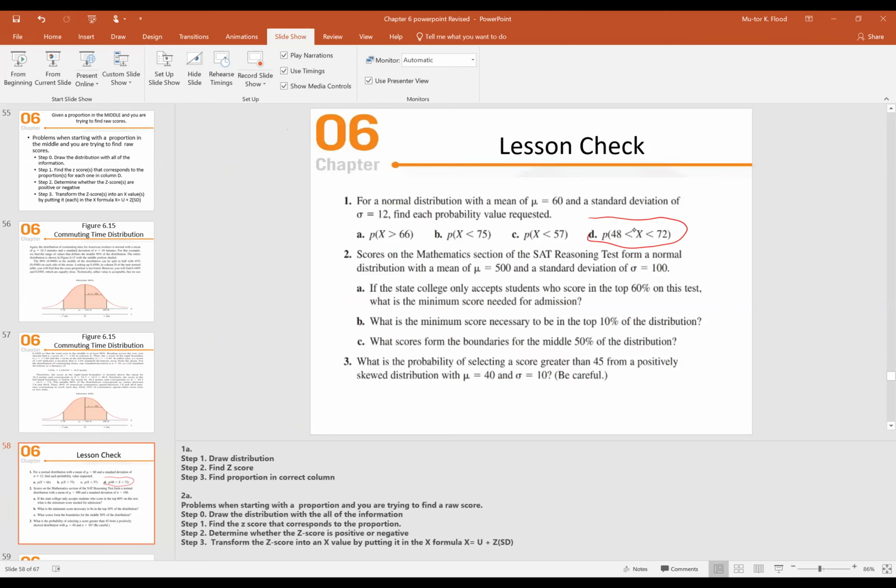For this one, let's first draw our distribution. Our population mean is 60, and our standard deviation again is 12.